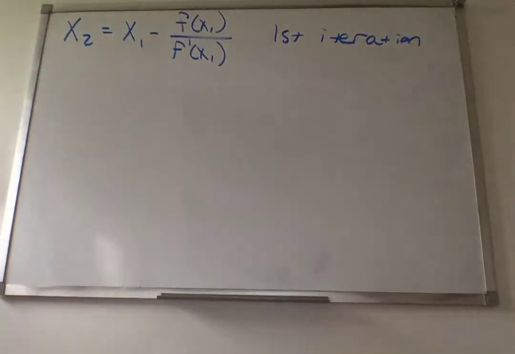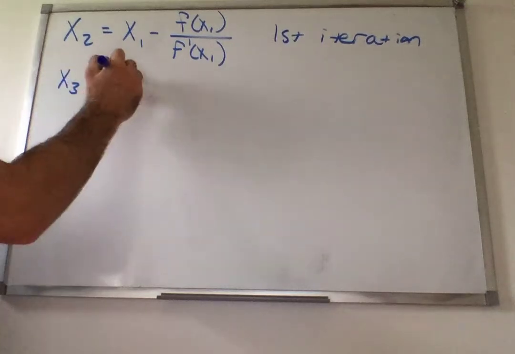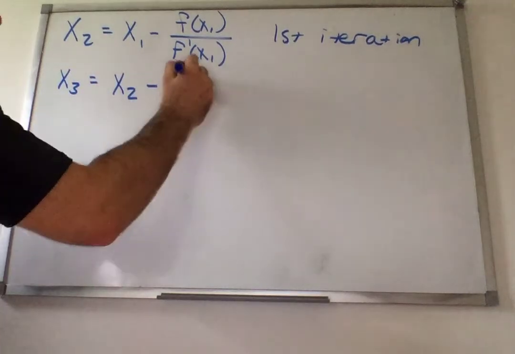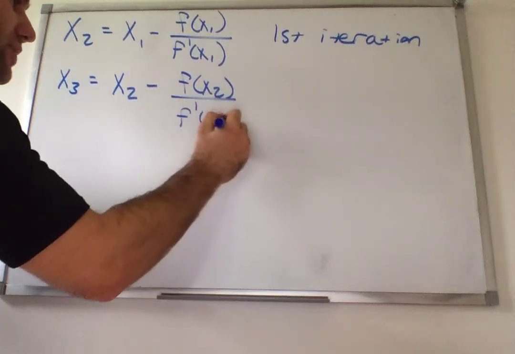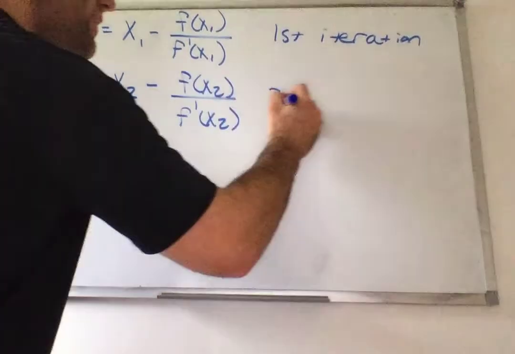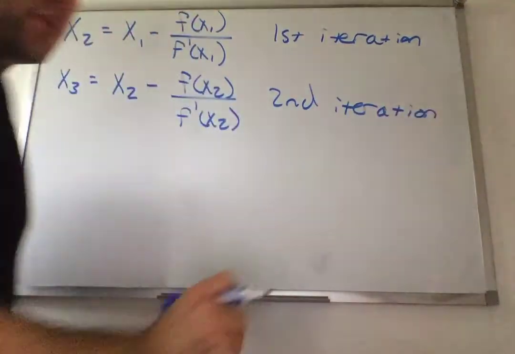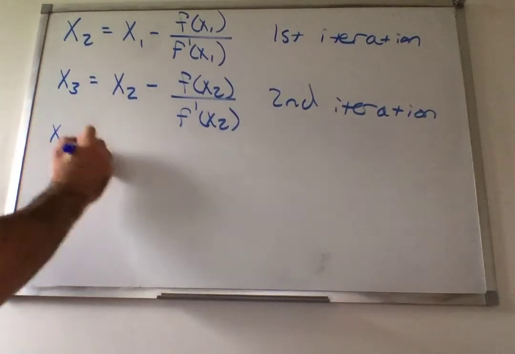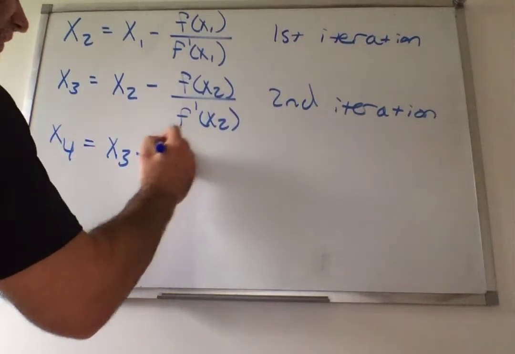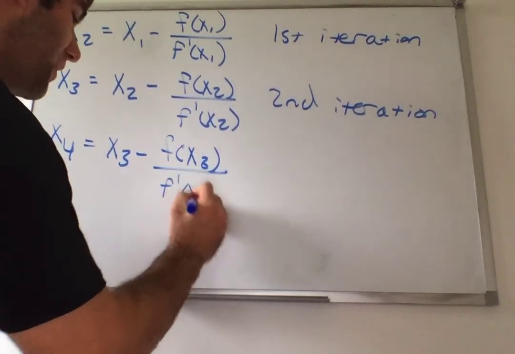So then, to get the next iteration, x3, that's going to be x2 minus f of x2 divided by f prime of x2. This is the second iteration. Now you just repeat the process. x4 is equal to x3 minus f of x3 divided by f prime of x3.